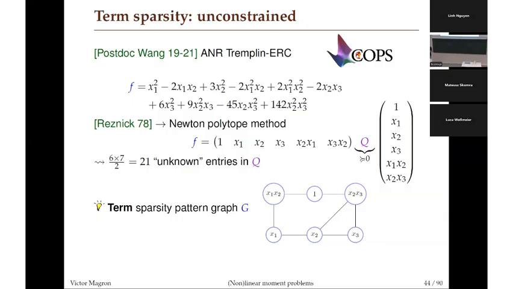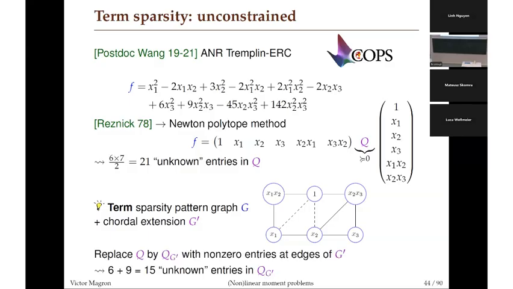Okay, you do that. So exploiting the Newton polytope is basically considering this graph but completely connected, with edges everywhere. What we did was just removing some of the edges. Then, as for correlative sparsity, you take your favorite chordal extension, either the very brutal one, where you just complete every connected component into a complete graph, or an approximately minimal chordal extension.